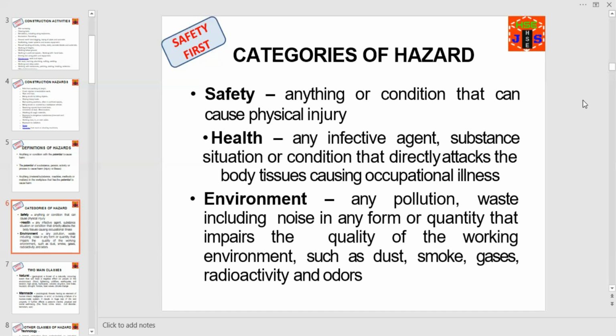With respect to environment, hazard means any pollution, waste, including noise in any form or quantity that impairs the quality of the working environment, such as dust, smoke, gases, radioactivity, or any type of odor.